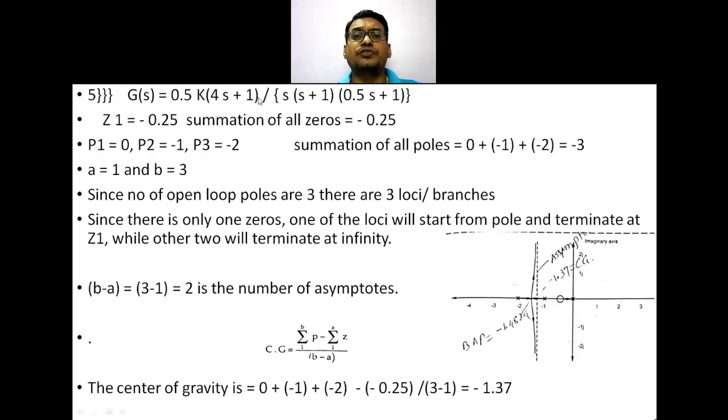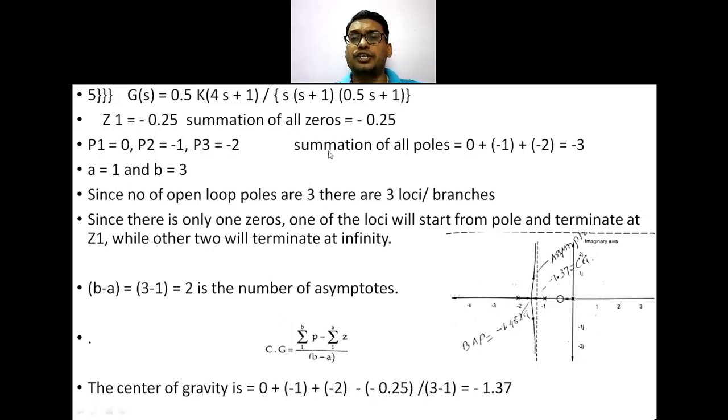So from 4s plus 1, I can have the value of s equal to minus 1 by 4, that is nothing but z1, which is equal to minus 0.25. Then the poles: p1 is equal to 0, p2 is equal to minus 1, and p3 is equal to minus 1 by 0.5, which is nothing but minus 2.